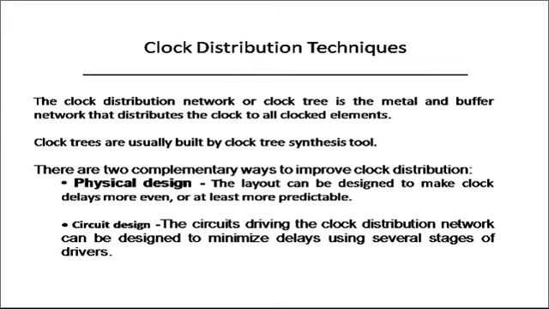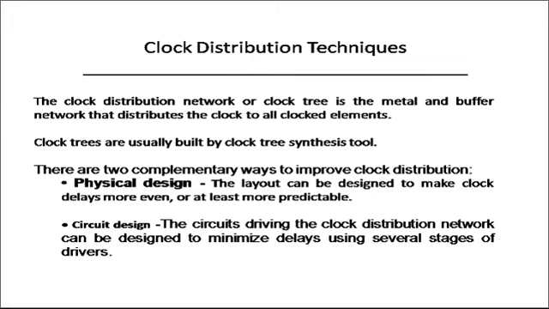A clock distribution network or a clock tree is the metal and buffer network that distributes the clock to all clocked elements. Clock distribution technique is actually the metal and buffer network which gives the clock to all the clocked elements. And which are the clocked elements? These are the flip-flops, to which you have to provide the clock.